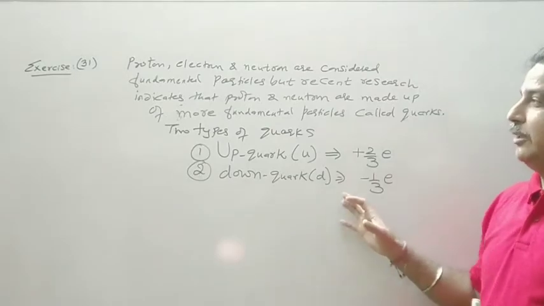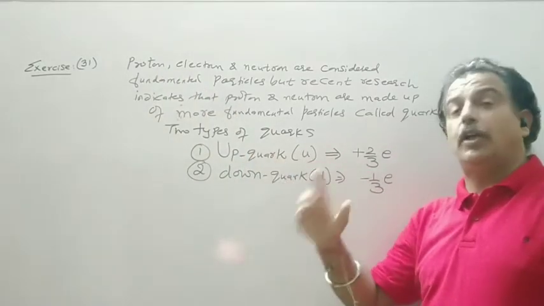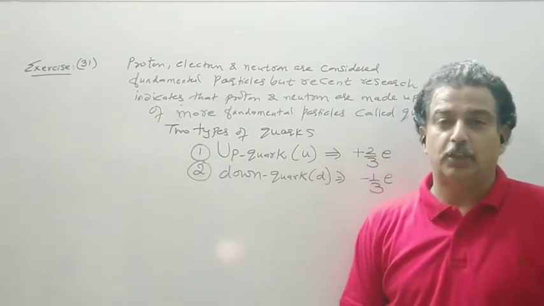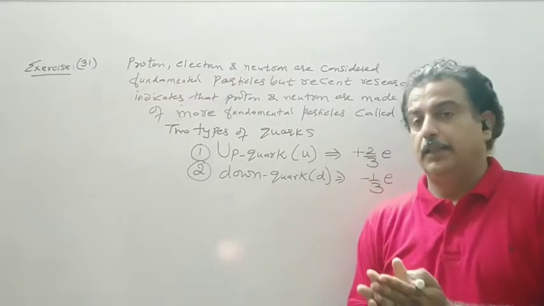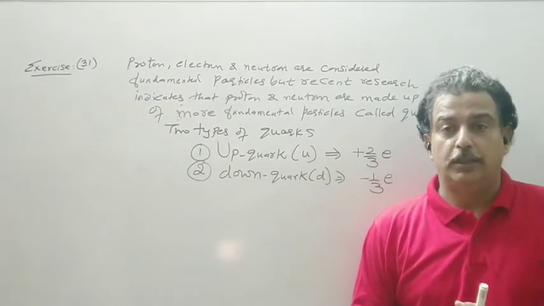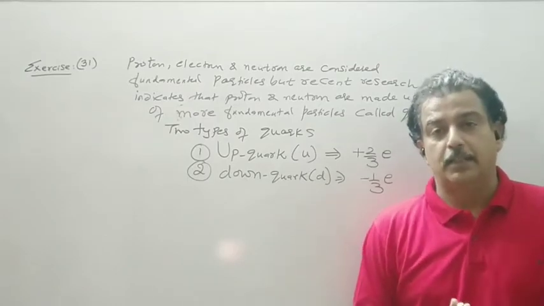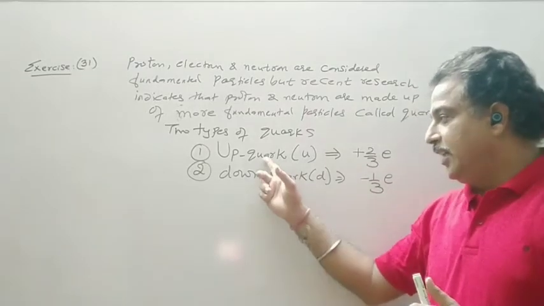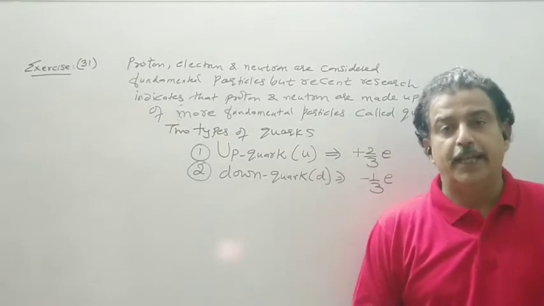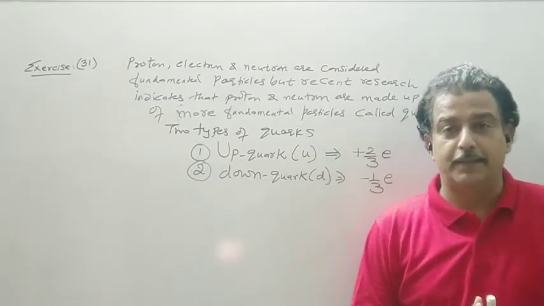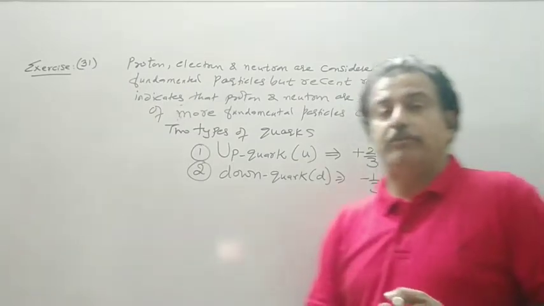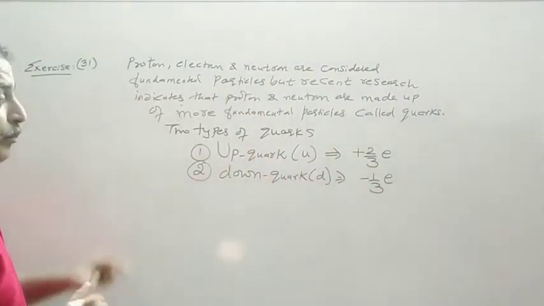So if we consider that a proton is made up of only one up quark or only one down quark, then there is a violation of the quantization of electric charge. However, the quantization of electric charge is the fundamental law. The charges should be quantized. It means a single quark cannot exist. They always occur in pairs. There would be 2 quarks, 3 quarks, so that the quantization of electric charge is maintained.